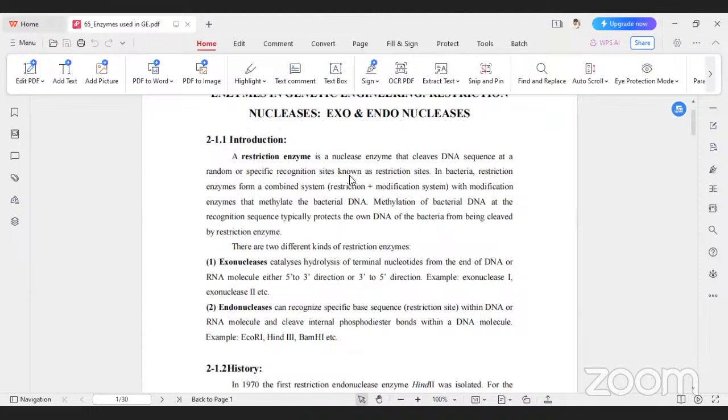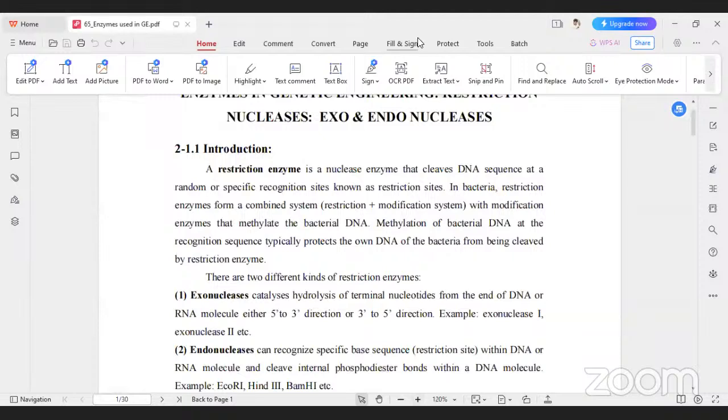The nuclease enzyme function I already told you, that is to cleave. It is a nuclease enzyme that cleaves the DNA sequence.